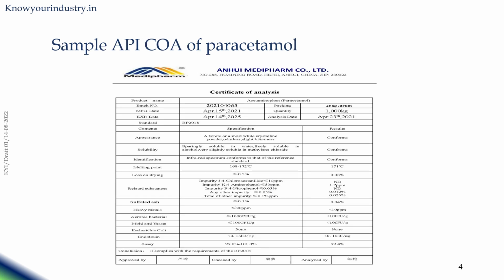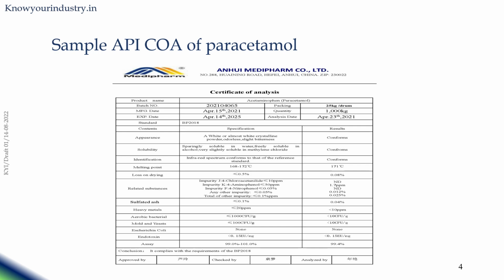A typical sample API COA of paracetamol is presented here. You can see the specification and the results of the component. The test parameters have been tabulated, which include appearance, solubility, identification, and melting point. All these parameters are very important.